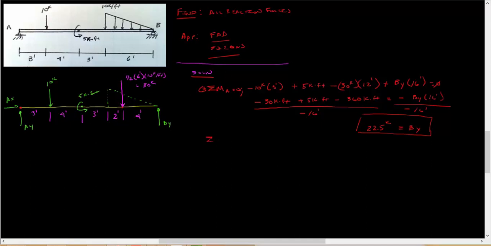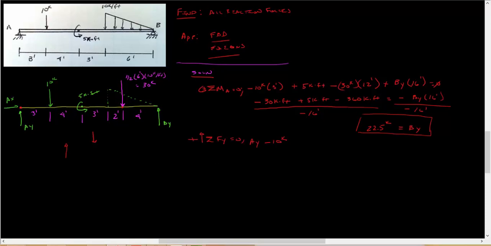If I sum my forces in the Y now, I have AY is unknown, which I'm saying is positive, it's going up, minus 10 kips. Do I need to worry about my couple, or my moment? Remember, that has a force going this way and a force going this way. They are equivalent, so they cancel each other out, so I don't need to worry about my moment when I am summing my forces.